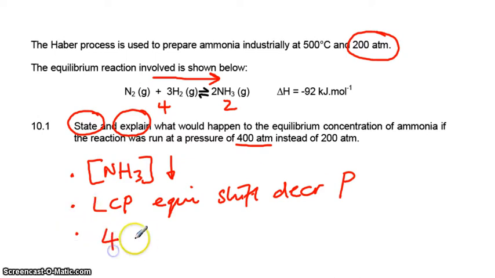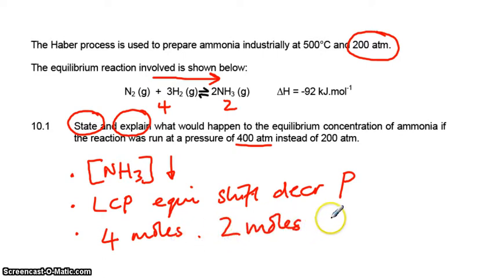You will indicate that there are 4 moles on the left and 2 moles on the right, and therefore the forward reaction is favored to form more ammonia on the side with 2 moles, which will then relieve the pressure.